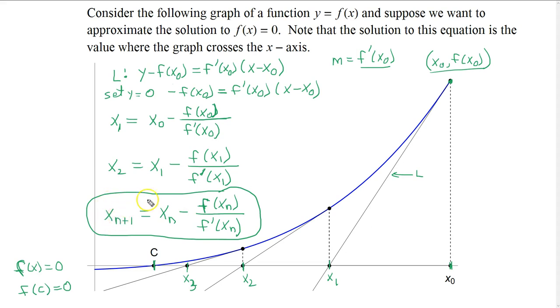And then we take that number and put it back in to the right-hand side and get x3. And as we continue that process, we will get closer and closer to our actual c value, which is the solution to f of x equaling 0. Let's take a look at the formal statement of Newton's method and then some examples.